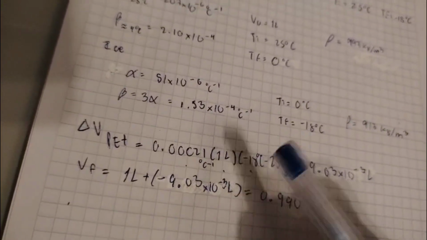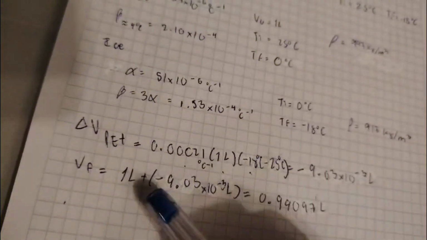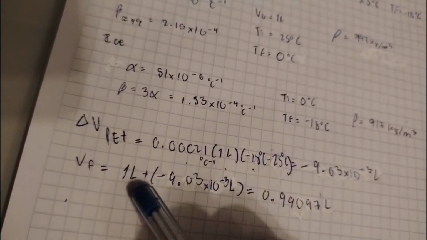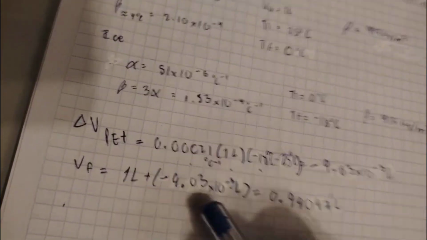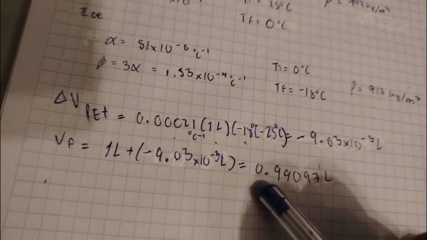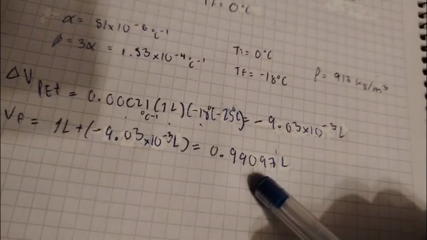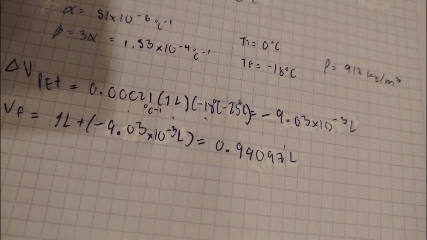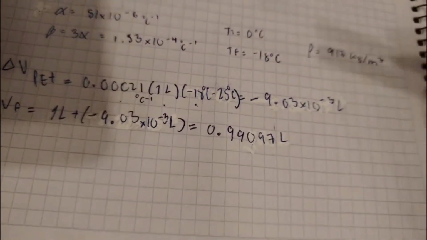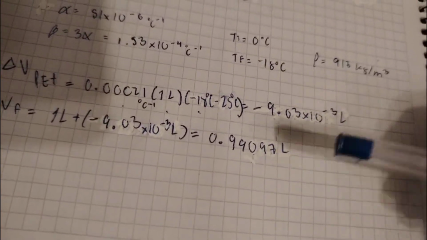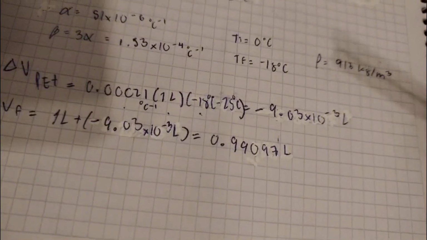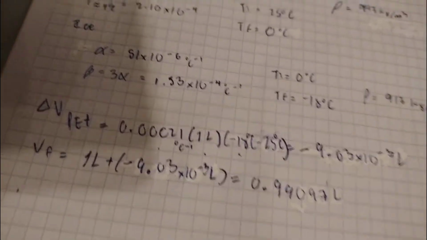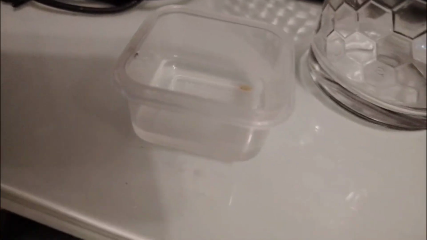Then to get the final volume, we just have to add the initial volume, that is 1 liter, and that gives us the result of 0.99097 liters. That is equal to 990 milliliters, and that indicates a contraction of nearly, well, more than 10 milliliters. It is about this much volume that has contracted from the bottle.